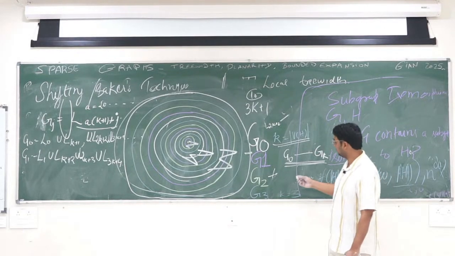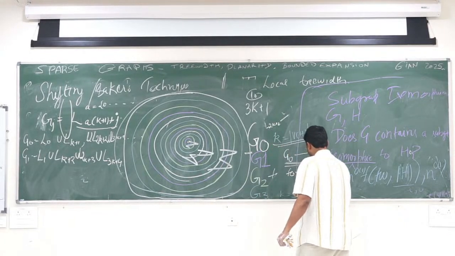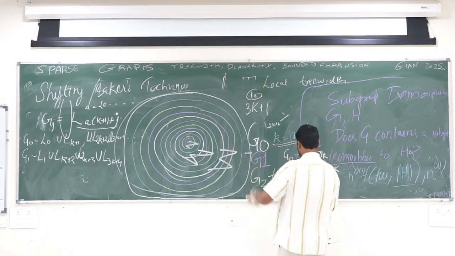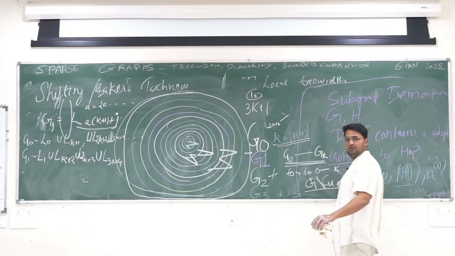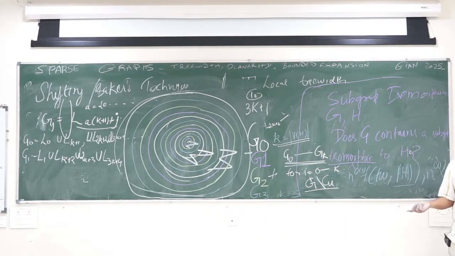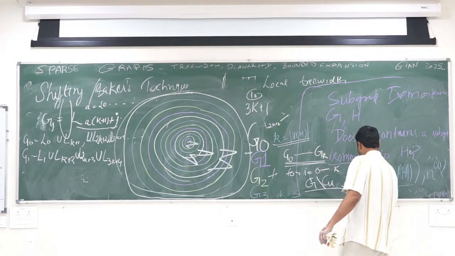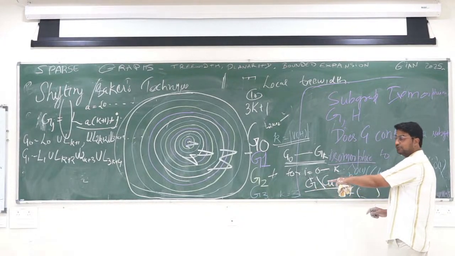So what I do, I run an algorithm for i equal to 0 through k. I take my graph G minus Gi. It has bounded treewidth. I find its tree decomposition and solve my problem in f of, since it has bounded treewidth, bounded in what?